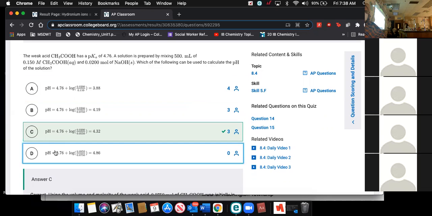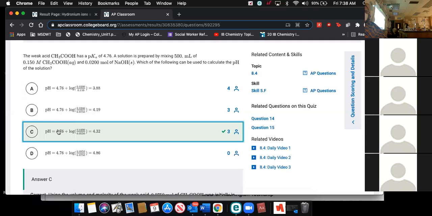So this is a Henderson-Hasselbalch equation, with the 0.02 and the 0.150. The issue that you're dealing with is the amount of milliliters. It's not 1 liter, and they give you the molarity. You have 500 milliliters of it.